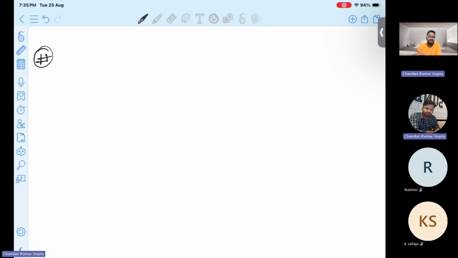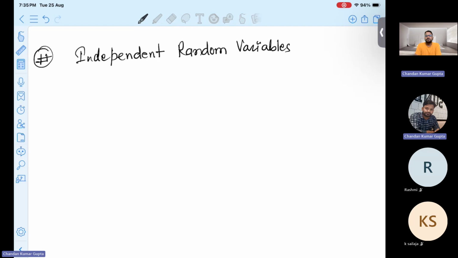So the next topic is independent random variables. For example, let's consider two random variables, suppose X and Y.